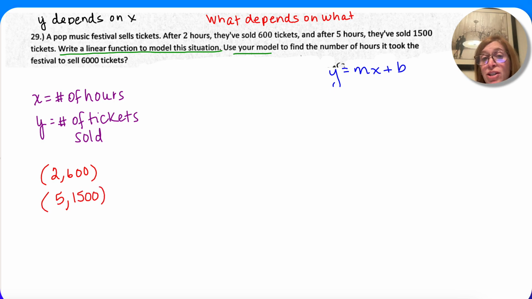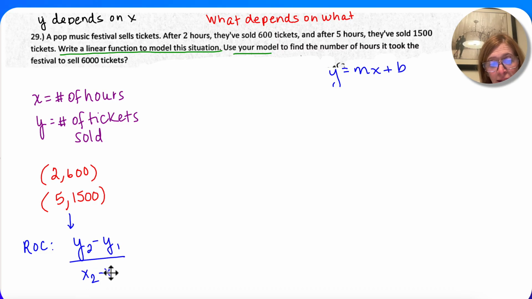Again, the minimum you need to write an equation of a line is a point and a slope. So now I'm going to calculate the slope, or the rate of change, because it's a word problem. Remember, our rate of change would be y2 minus y1 over x2 minus x1.